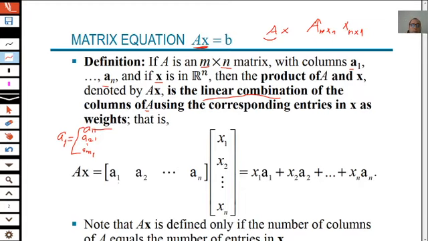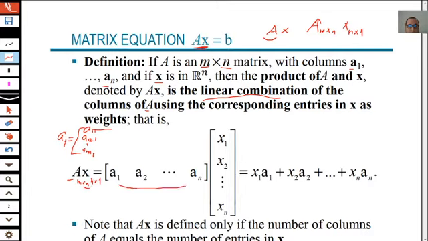But compactly we write the matrix A with its columns a1, a2, up to an, to see easily the definition of the product of a matrix and a vector. As I said, the size is m by n, and the vector has the size n by 1. Namely, the number of columns is equal to the number of components of the vector.